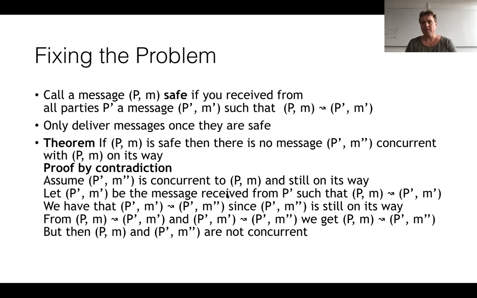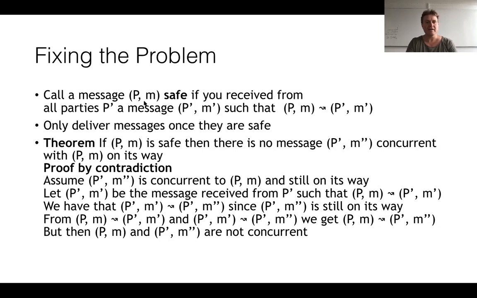Here's a criterion that will allow us to do that. I will call a message M sent by P safe if the following holds. This is slightly the other way around from what you would expect, so pay attention.